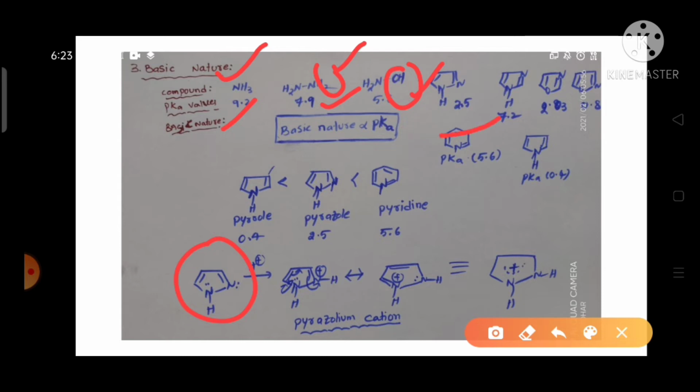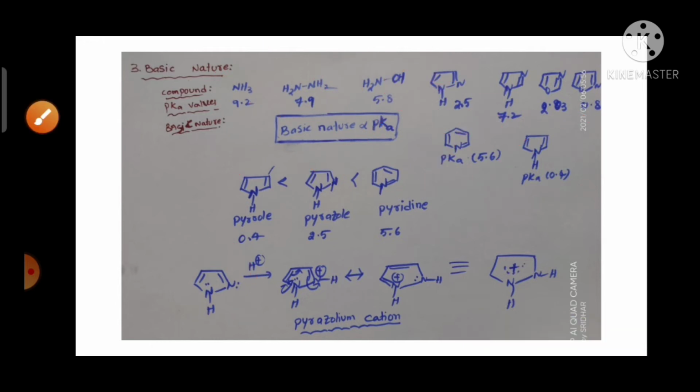So here we can see 2.5, and pKa value of the pyrrole is 0.4 and pKa value of the pyridine is 5.6. That means the pKa value of pyrazole lies in between the pKa values of the pyrrole and the pyridine. So we can say that pyrazole is a stronger base than the pyrrole and less basic than the pyridine. Okay, so on protonation, what happens?